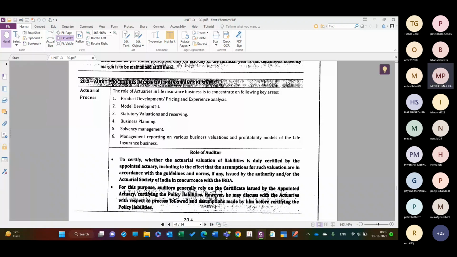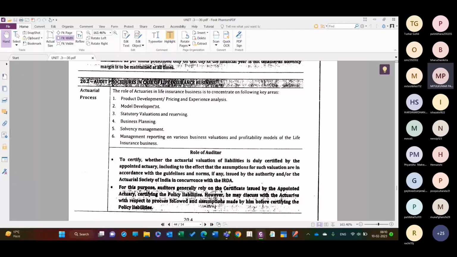If you simply take a term insurance, where the premium is not required to be returned, earlier term insurance was of that kind, where the premium amount is small, but if there is any unfortunate event with the life, then a certain sum assured will be given to the policy holder's legal heir. Nowadays, in case of term insurance also, whatever premium is paid by the policy holder will be returned at the date of maturity if that person survives.